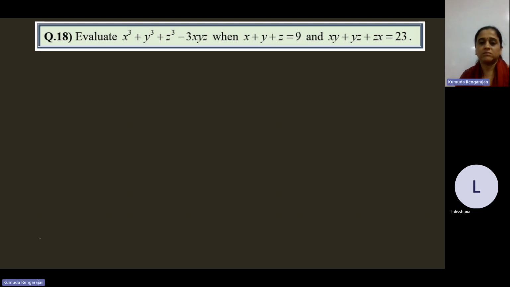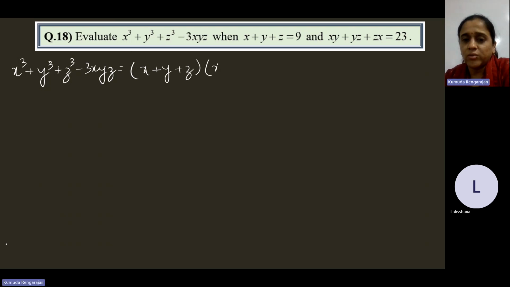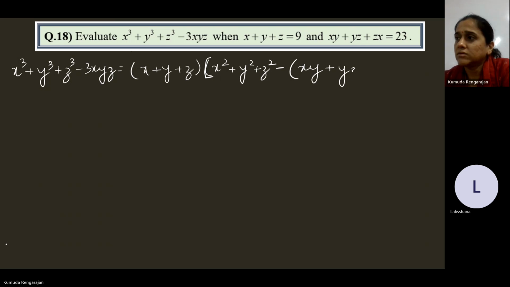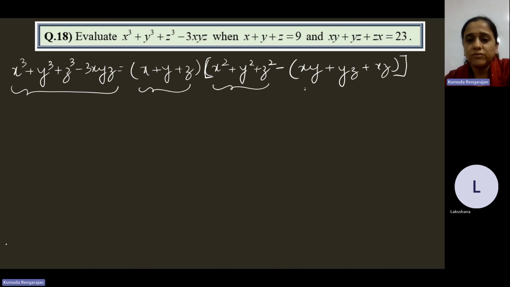Okay, this is the identity, right? X cubed plus y cubed plus z cubed minus 3xyz is equal to x plus y plus z, x squared plus y squared plus z squared minus... Okay, so how many expressions? 1, 2, 3, 4 expressions.